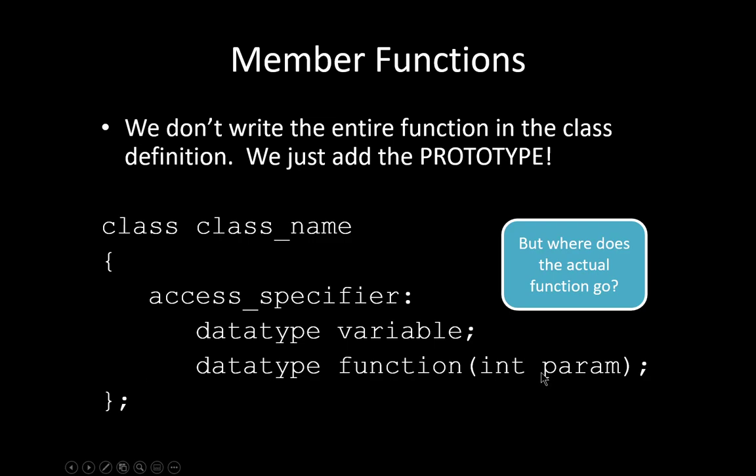It will technically work if you write your whole function right here, but it's going to break a lot of stuff later on if you want to use things like variables that are in your private section and you end up including it lower in your program. It's just way cleaner and a lot easier if you only put your function prototype, in other words the return type, the function name, and its input parameters, inside your class definition.